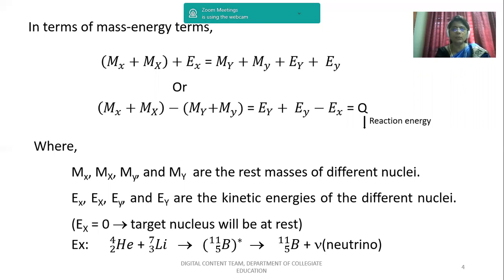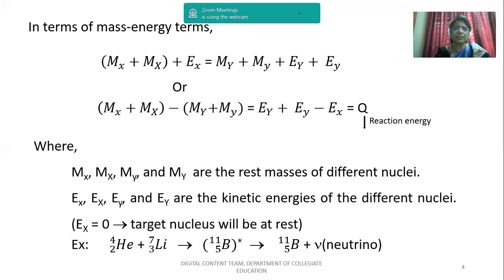This is equal to capital M with capital Y as subscript, the rest mass of the product nucleus, plus capital M with small y as subscript, the rest mass of the ejectile, plus E with capital Y as subscript, the kinetic energy of the product nucleus, plus E with small y as subscript, the kinetic energy of the ejectile. Together, they represent the equation in mass energy terms when we consider the conservation laws.